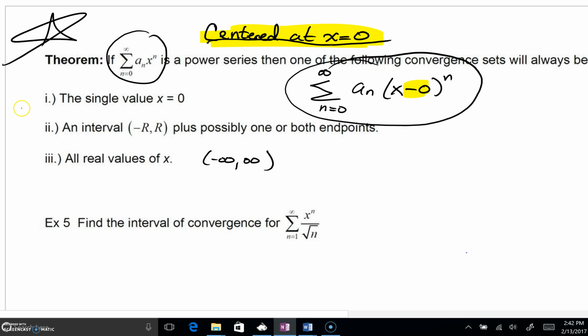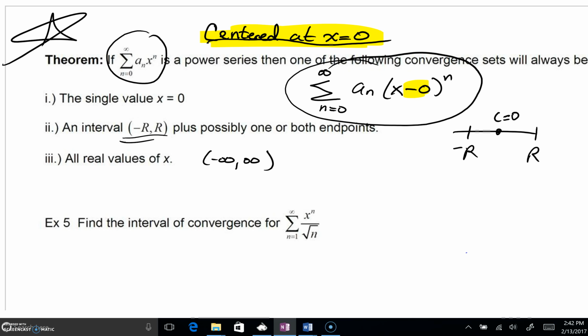What else could happen? You could get an interval. And if you saw negative r to r, guys, you're going to see that in the center between that interval there would be c equals 0. That would be a centered value right in the middle. And that's another reason why we say that you're centered there. Any interval, the middle of it here would be 0.